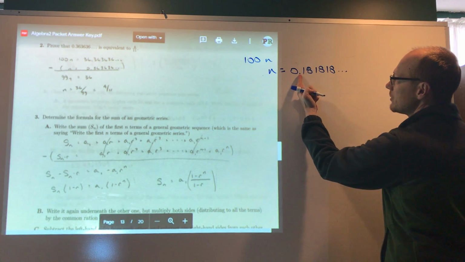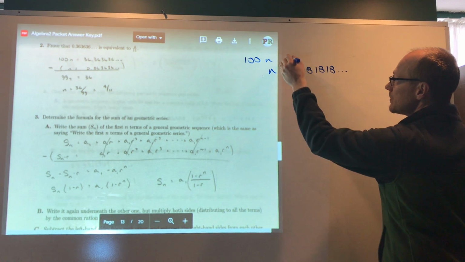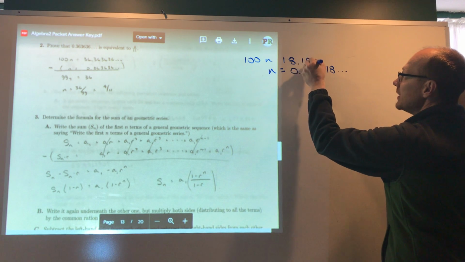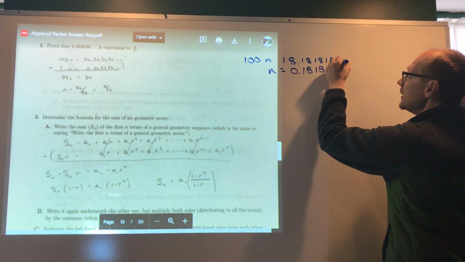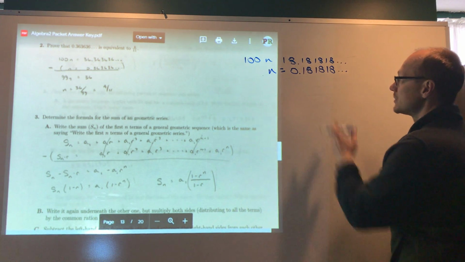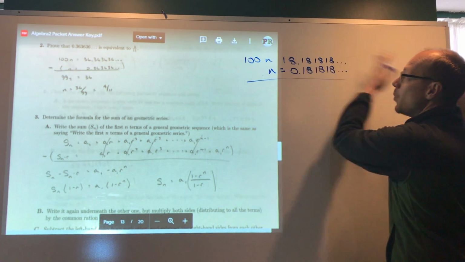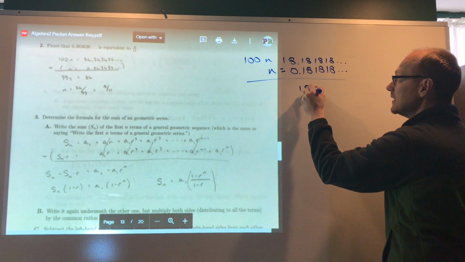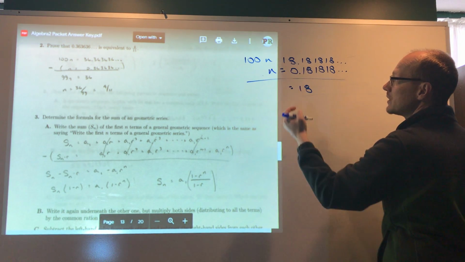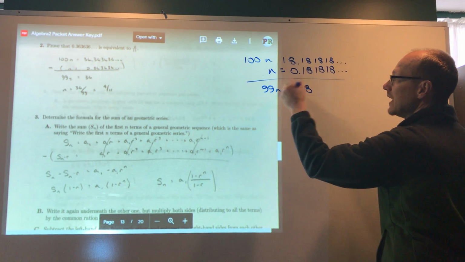If I multiply this by 100, let's move the decimal over 2 places, but I still end up with an infinite number of 18s. There's a whole bunch, and then when I subtract them, what I see is all of the 18s cancel out. I'm just left with 18. And 100n minus n is 99n.